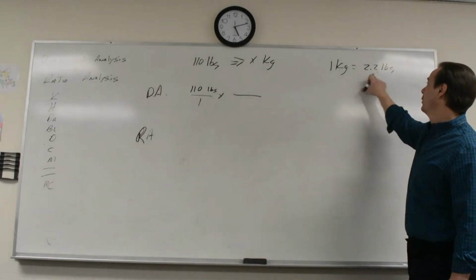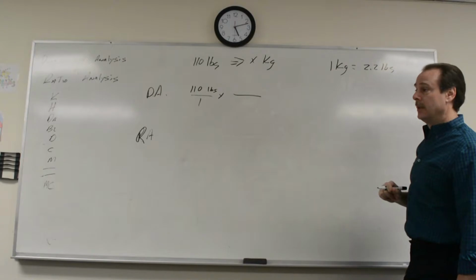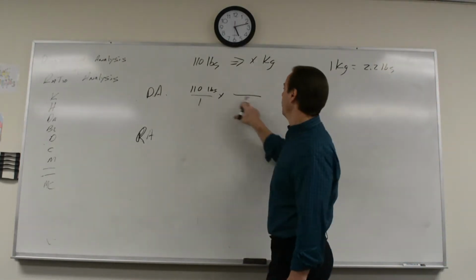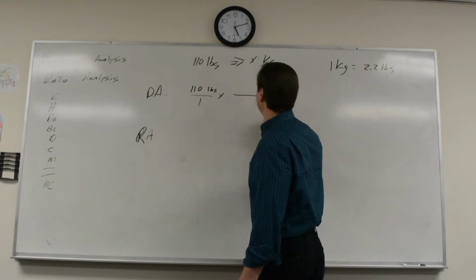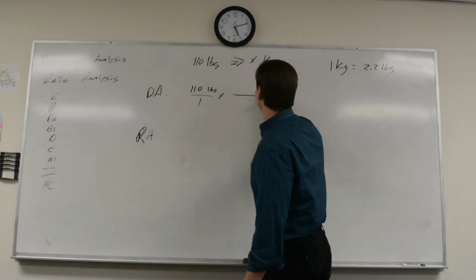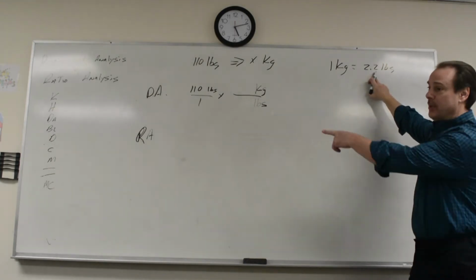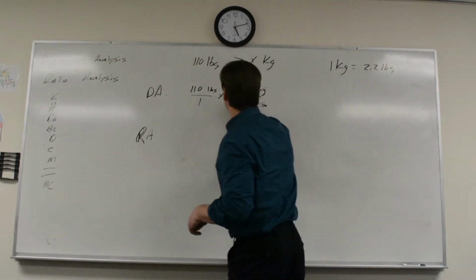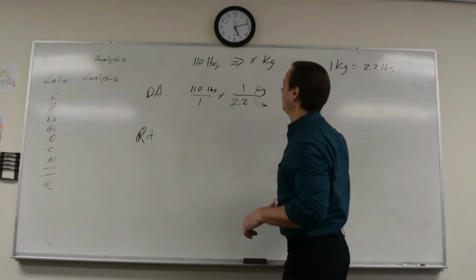Here's our ratio, 1 kilogram equals 2.2 pounds. It ties in kilograms with pounds. Since we have our pounds in our numerator, we have to have our pounds in our denominator. And our kilograms will go in our numerator. For pounds, we have 2.2, so that goes over here. For kilograms, we have 1, that goes up in the numerator.